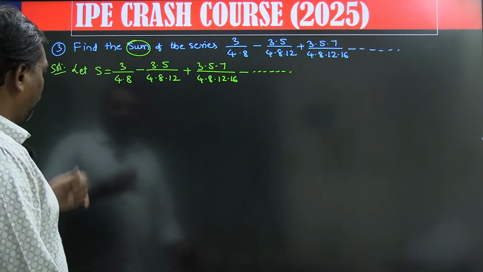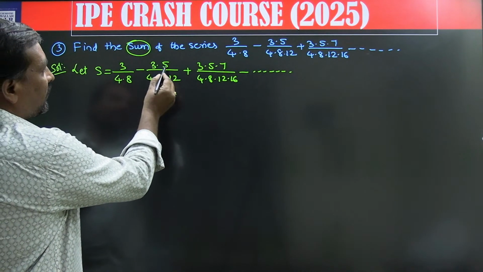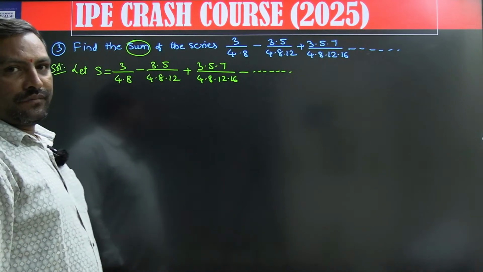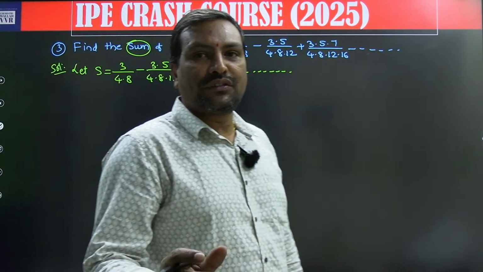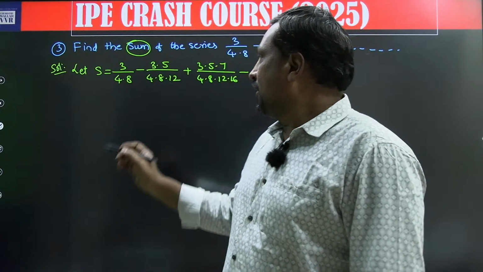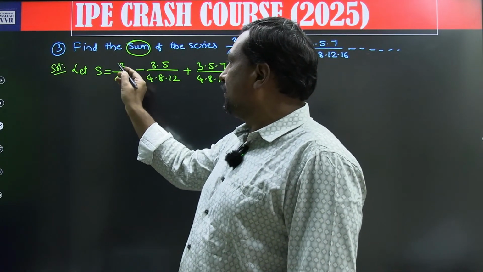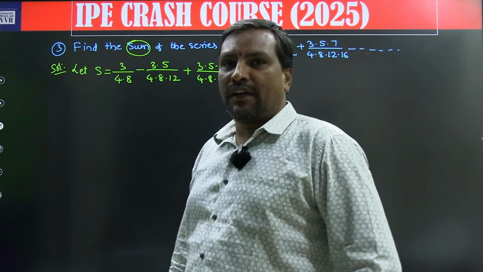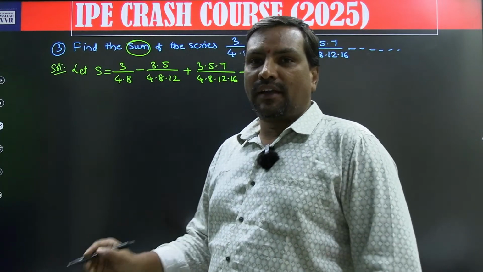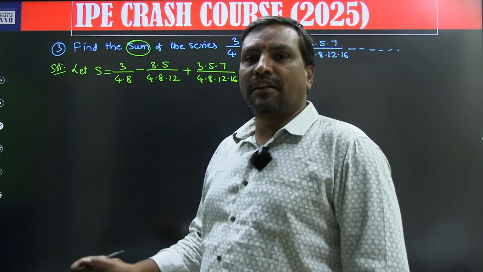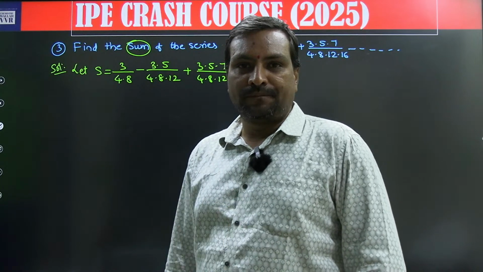So first, what is the difference of 3 and 5? The difference of 3 and 5 is 2 only. So to write the difference here also, we have to write 2. 3 minus 2 is 1.